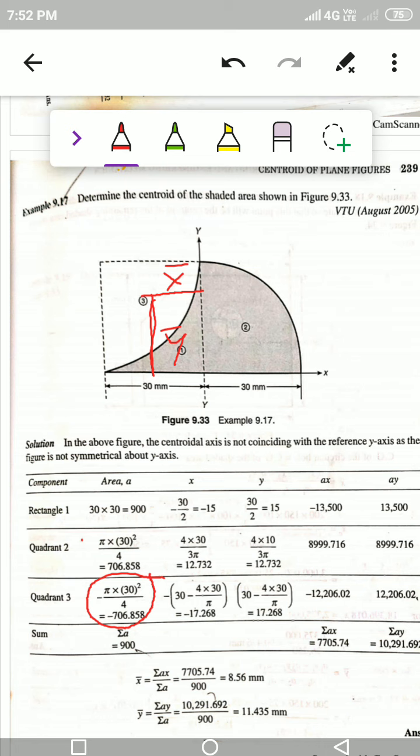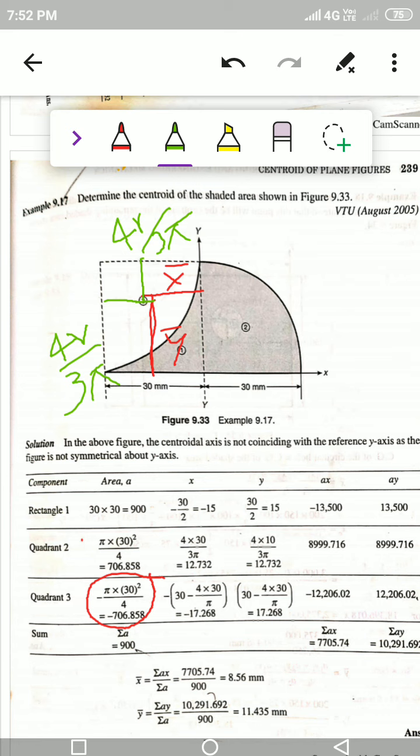But as per the formula, that is 4r divided by 3 pi, from where to where? From the corner or center of the circle, this is 4r divided by 3 pi, the green line, and this line from here to here is 4r divided by 3 pi. But whatever the red mark I have marked, we want that distance.